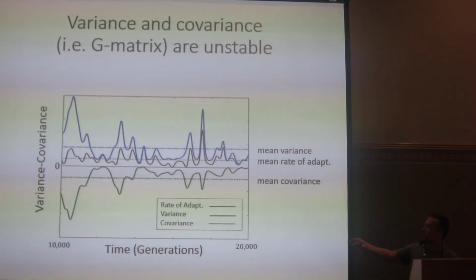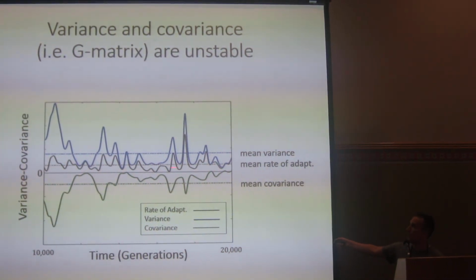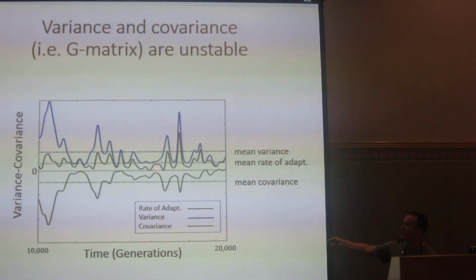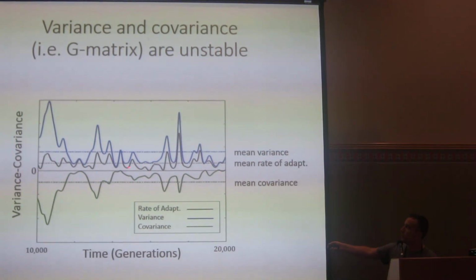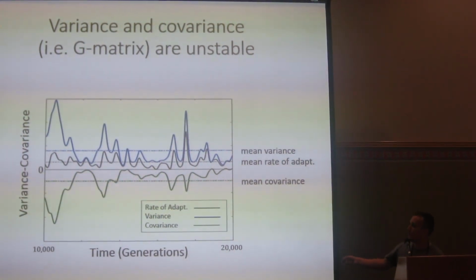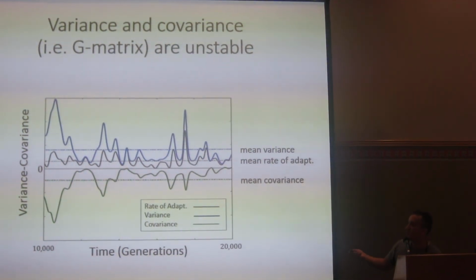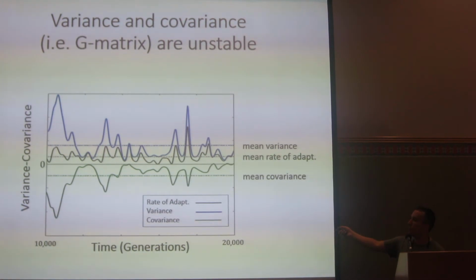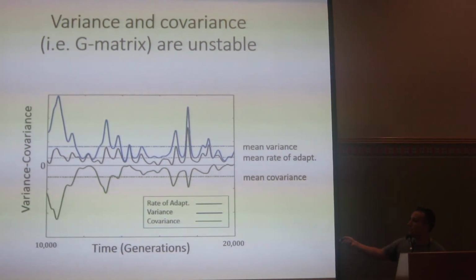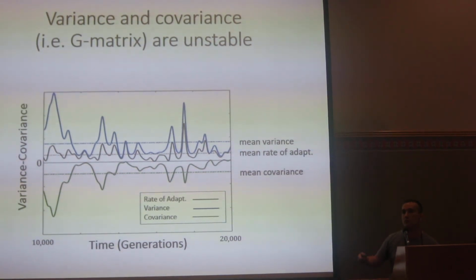The actual terms themselves change very dramatically over long periods of time. You can see that the variance in the trait and the covariance fluctuate substantially, as shown here. So that tells us that the G matrix is actually very unstable over larger scales of time, and usually that time scale is determined by the time scale of beneficial mutation selection balance.